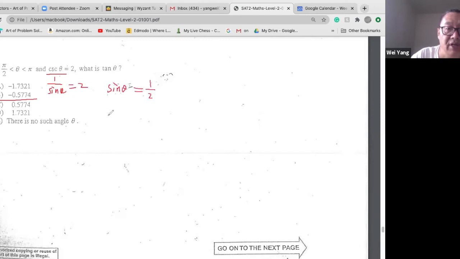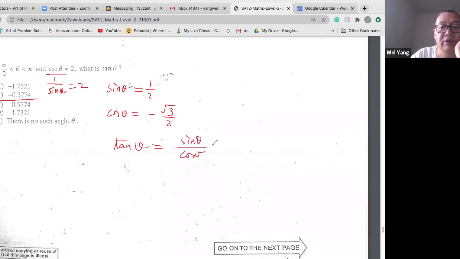Cosine theta equals negative √3 over 2, because this angle is in the second quadrant. Then tangent theta equals sine over cosine, so 1/2 times negative 2 over √3. So we get negative 1 over √3. Yeah, your answer is right.